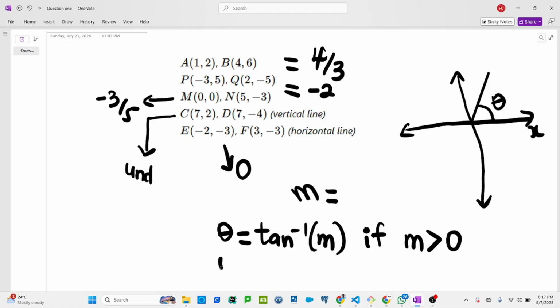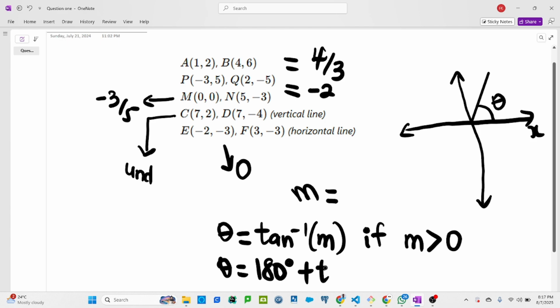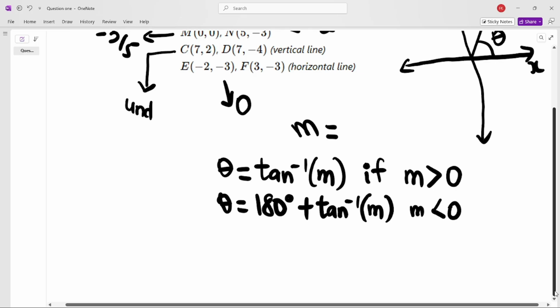But if it is the other way, then it's going to be 180 degrees plus tan inverse of the gradient if m is less than 0.